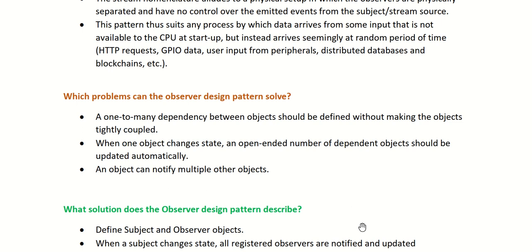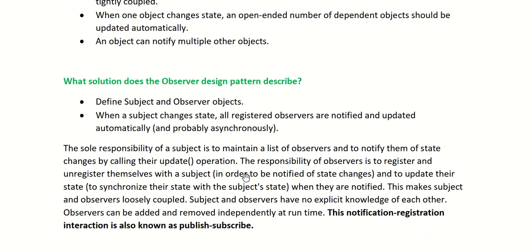And also, when one object changes state, an open-ended number of dependent objects should be updated automatically. Whenever the subject's state changes, all the dependents, observers or subscribers who are interested in that state change should be automatically updated. An object can notify multiple other objects. These are the problems the pattern solves.